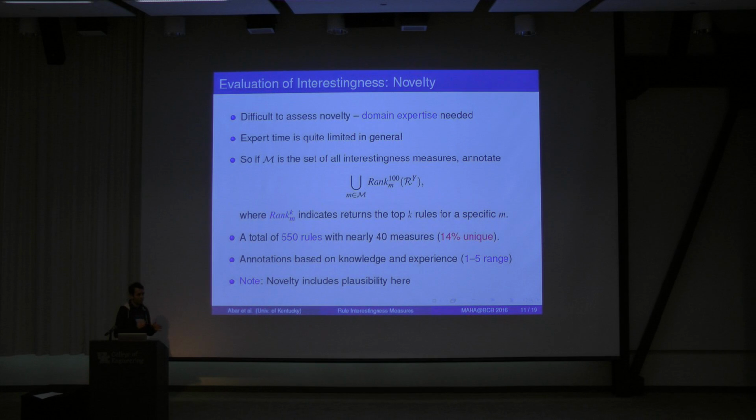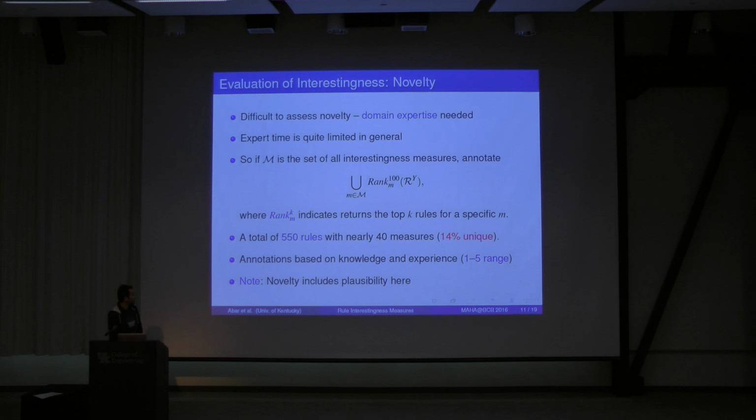We are ranking for each measurement and taking the top 100 rules for each measurement. And we combine these rules to generate a final list to send to the physician.